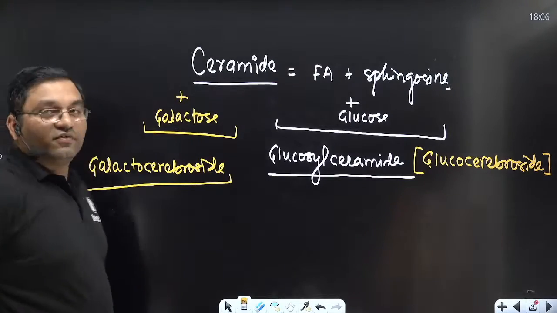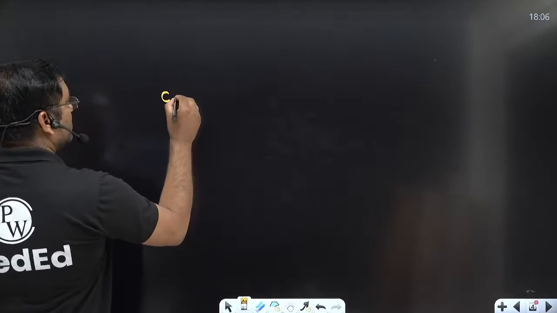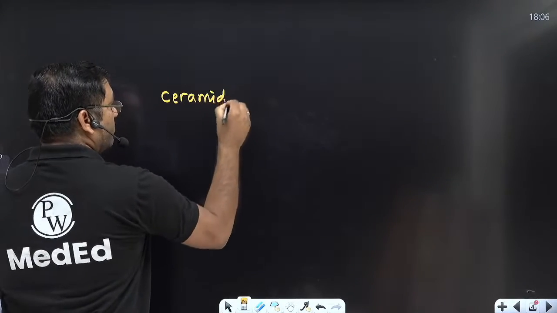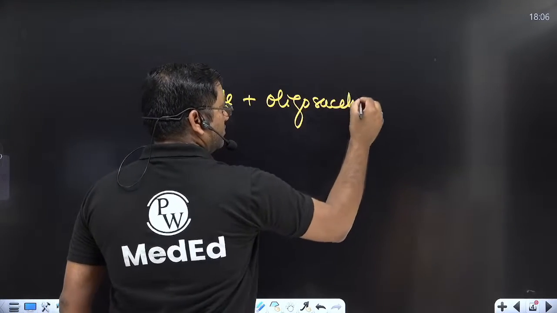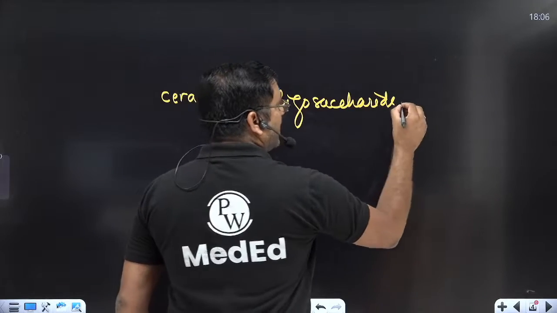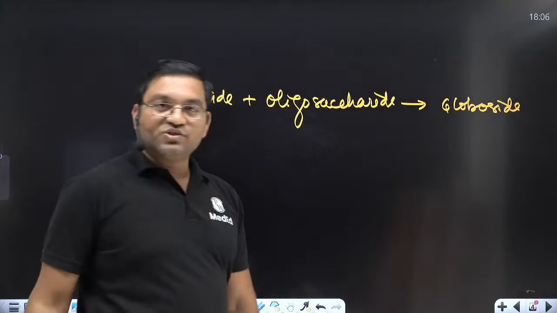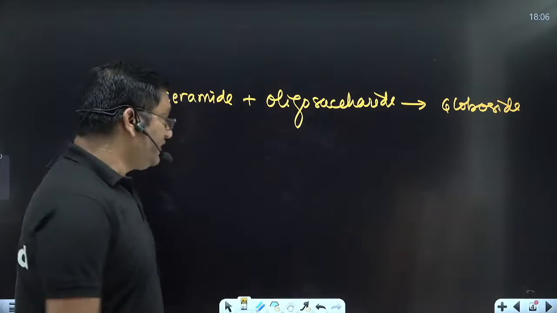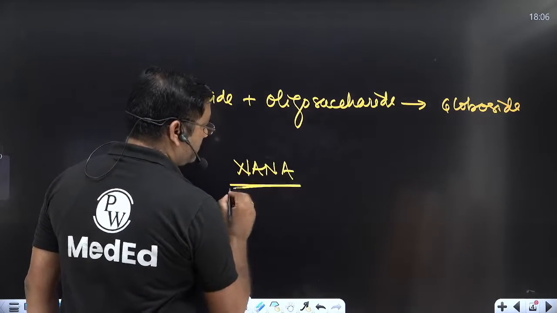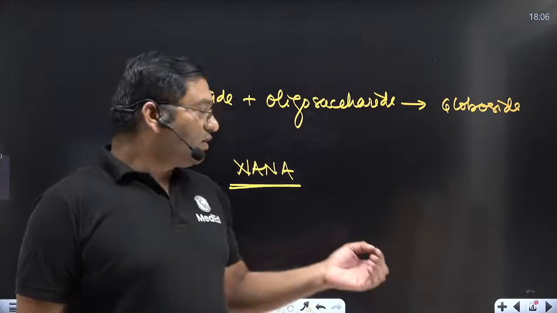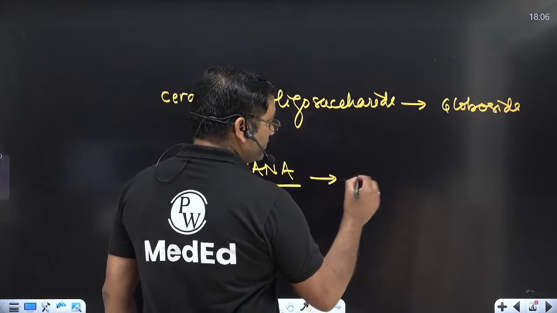Got it? When it is ceramide plus oligosaccharide, it is known as globoside. And if it contains NANA, that is N-acetylneuraminic acid, then it is known as ganglioside.